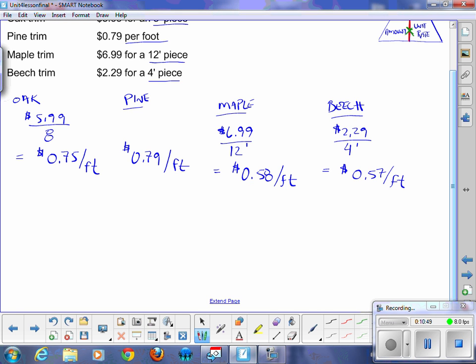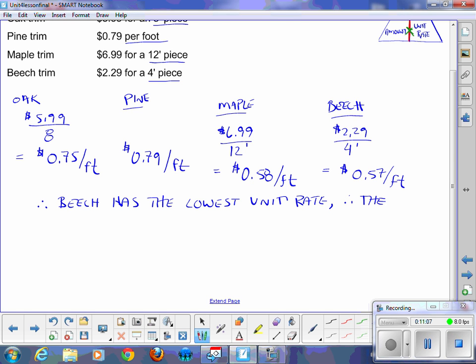So probably go with maple because it's a little bit richer looking. But anyway, beech has the lowest unit rate, therefore the best deal.